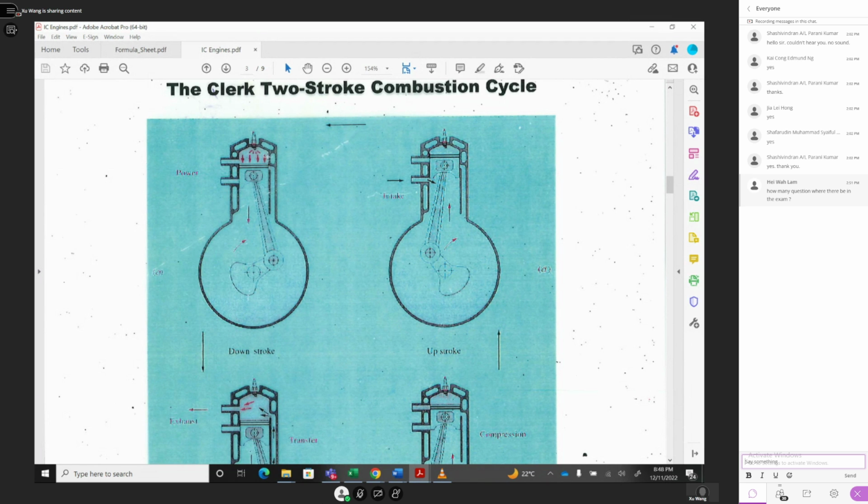Then you have the ignition again. Actually before your ignition there should be fuel injection. Okay, fuel injection and the ignition, and it comes back again, power stroke again, push again, and the cycle comes down.